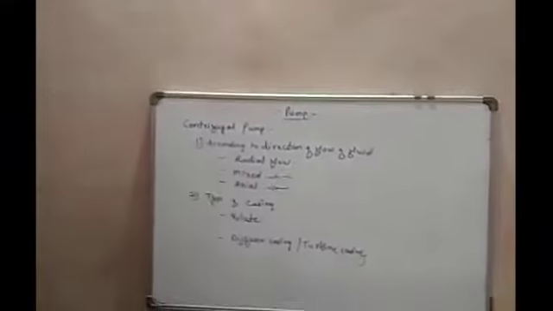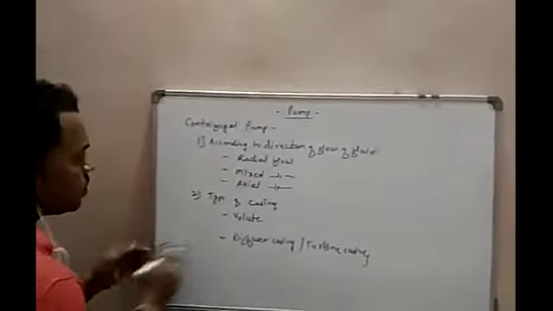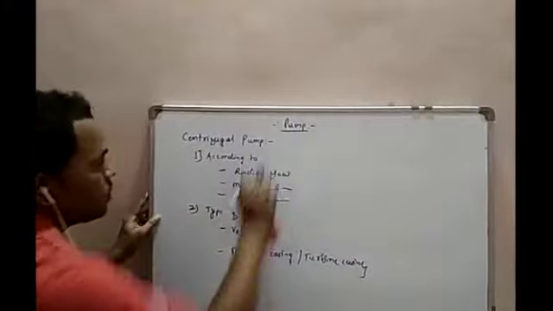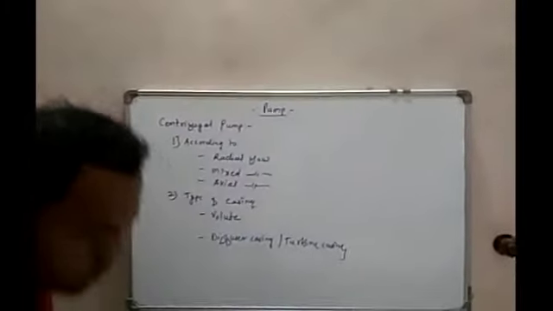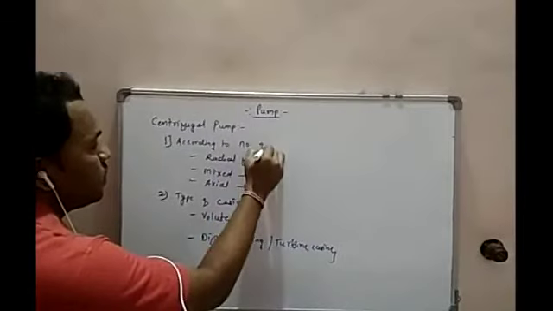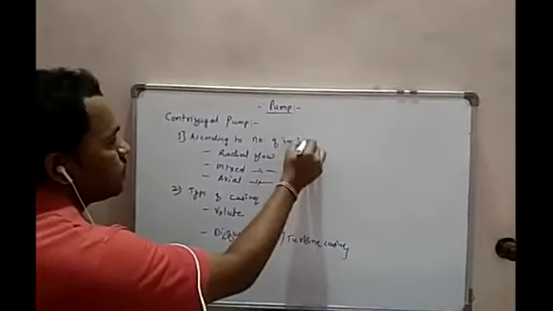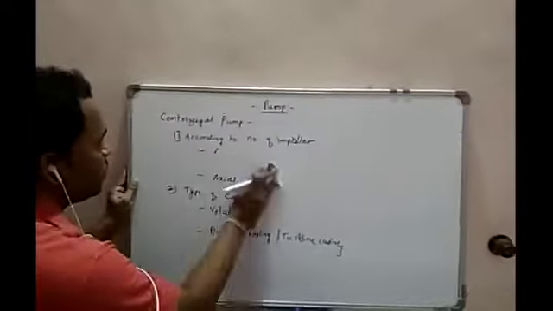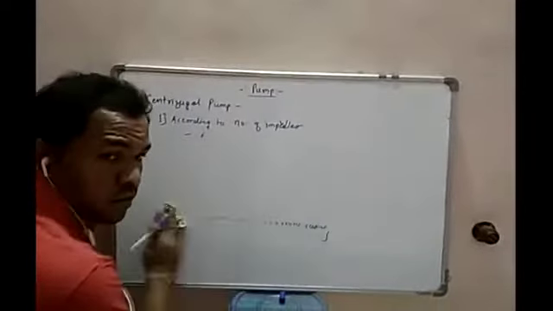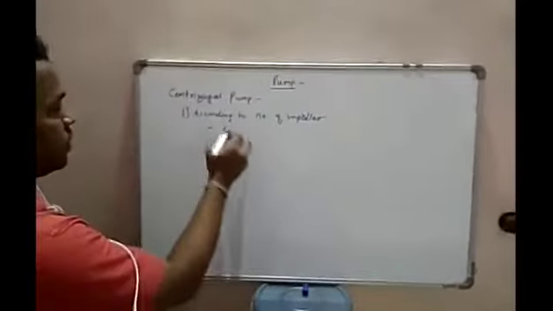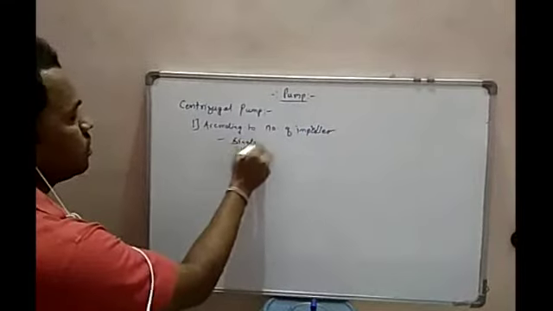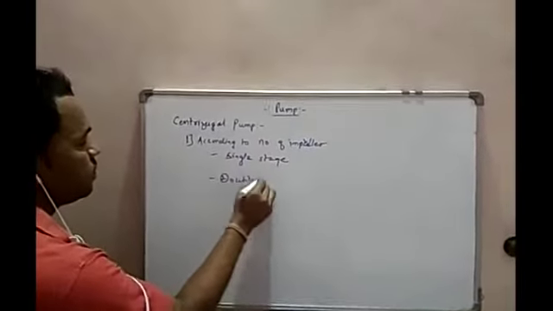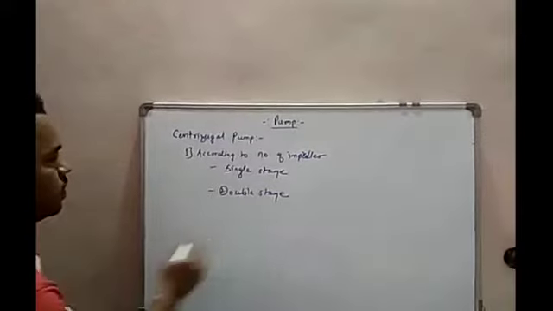Next, third type is according to the number of impellers. There are two types over here: single stage impeller and double stage impeller. Single stage and the double stage.